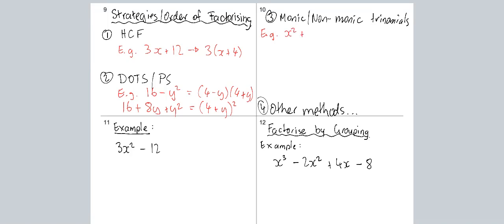And again, you don't have to know how to do this. x squared plus 5x plus 6 can be factorised into x plus 3 times x plus 2. That's a monic because the coefficient of x squared is 1, right? We don't write it in because it's implied.